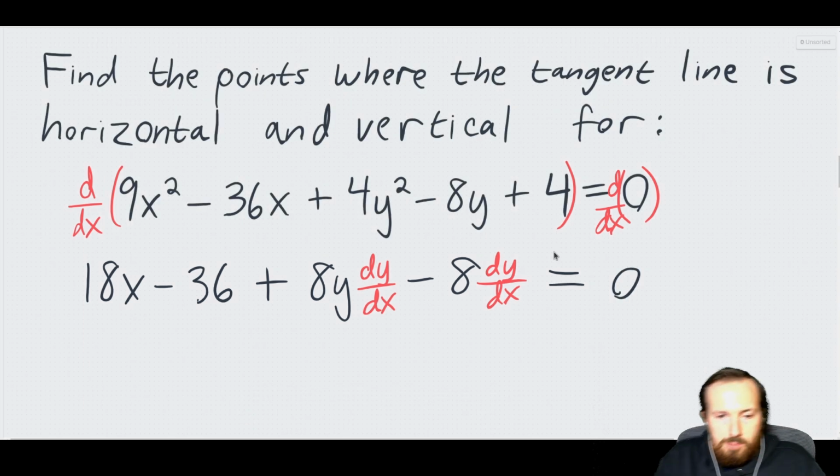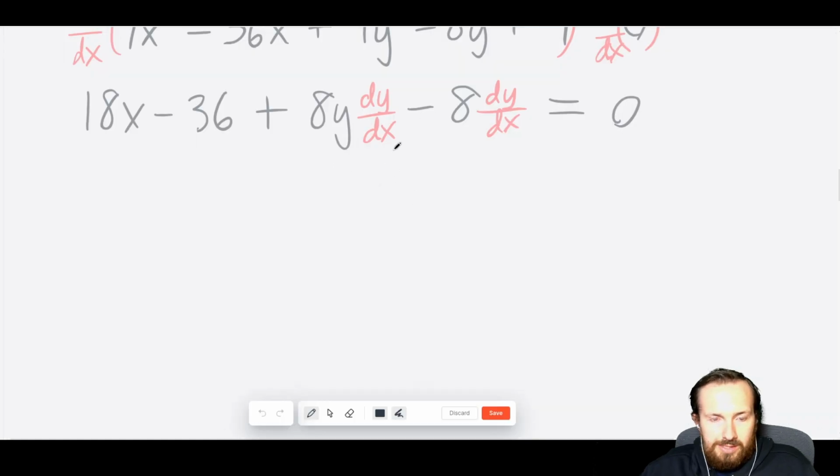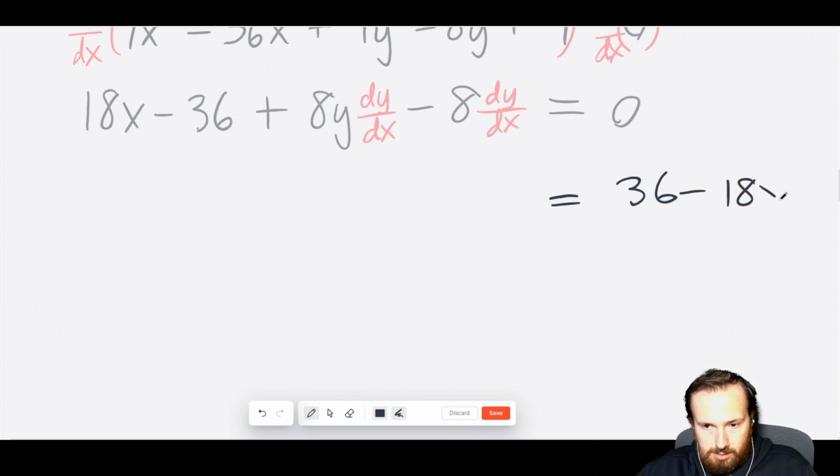So there you go. Again, if we're really trying to find the implicit derivative, we need to get all of the dy/dx's on one side, and everything else on the other side. So how would we do that? One thing we can do is add 36 and subtract 18x to the other side. So we'll get 36 minus 18x.